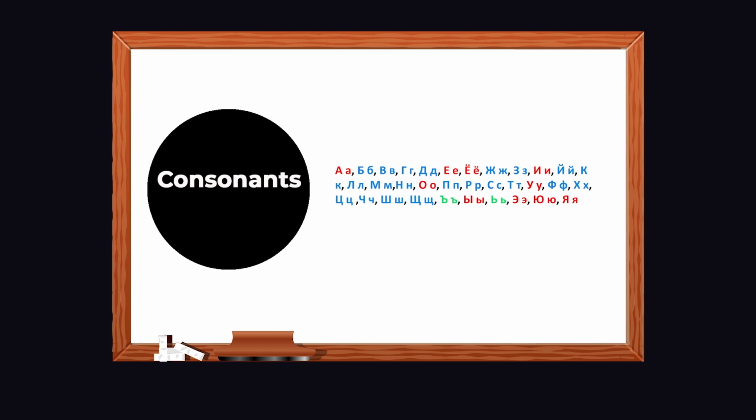These are the consonants of the Russian language. You can see that we have used the color blue to mark them, so that you also remember them properly. I am going to pronounce them one by one, and I recommend my learners to listen clearly.